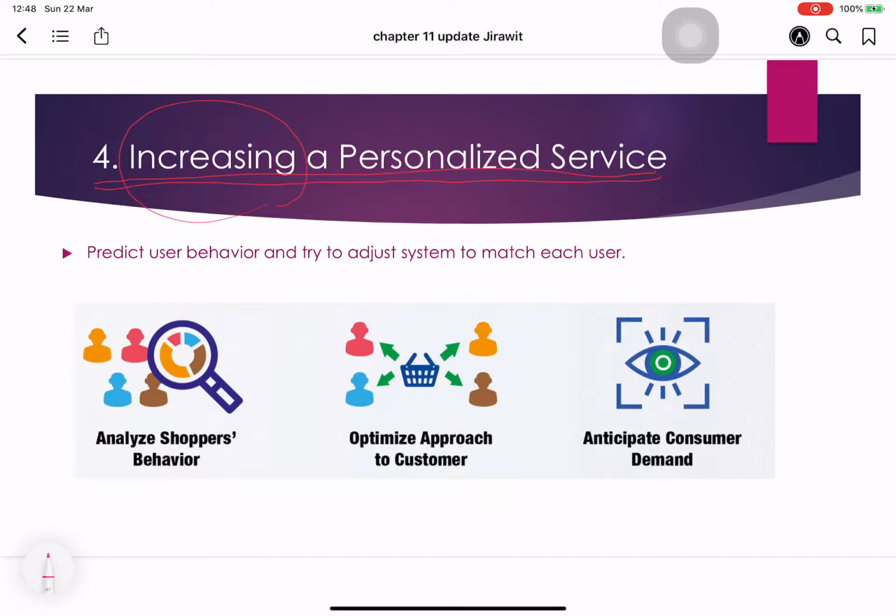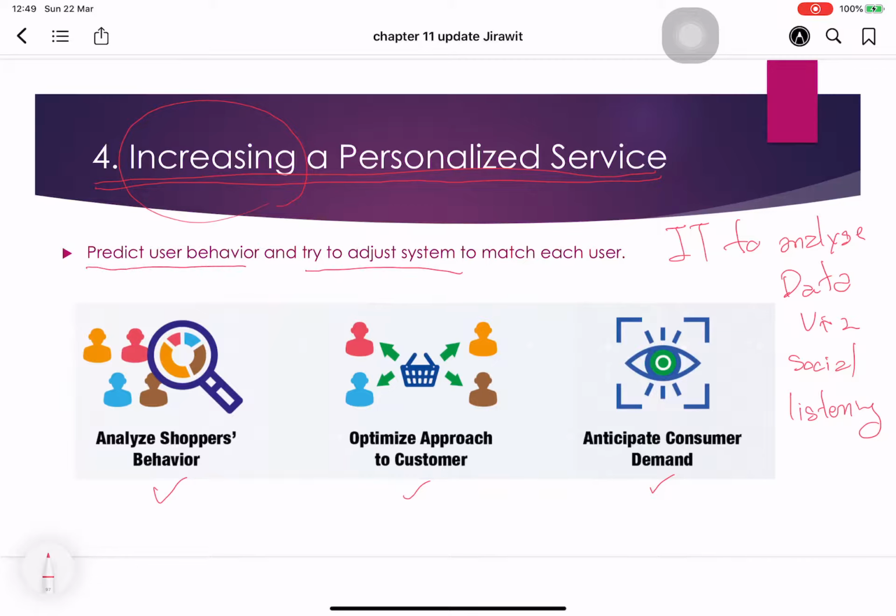When you analyze data and use IT to analyze it, and we use social listening to analyze shopper behavior, to optimize the approach for the customer, to anticipate customer demand, you can predict user behavior and try to adjust the system to match each user.